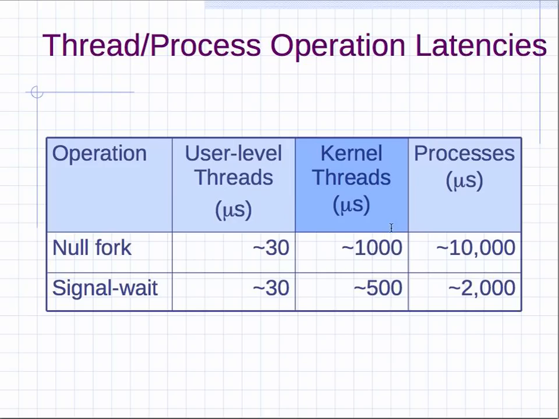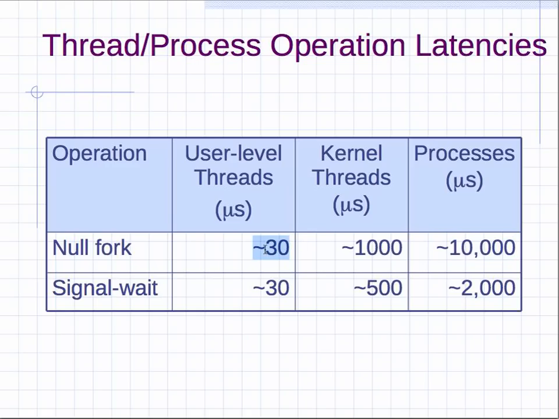Compare this to an actual fork, and this is the number for an actual fork. This might take 10 times longer than a kernel thread, so an actual fork could take up to about 10 milliseconds on this particular system. Of course, if you timed it now on modern computers, they keep getting faster and faster, so it's probably a lot less than this. But just to compare, these are roughly the scale.